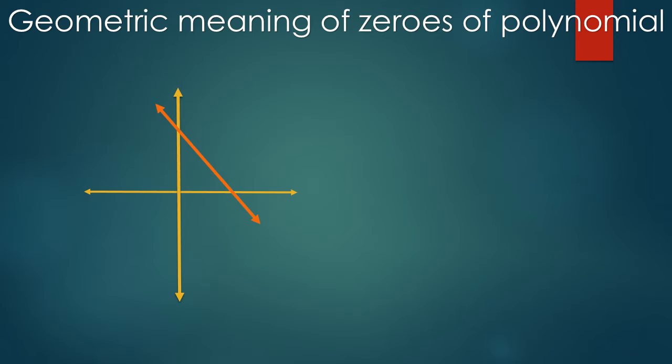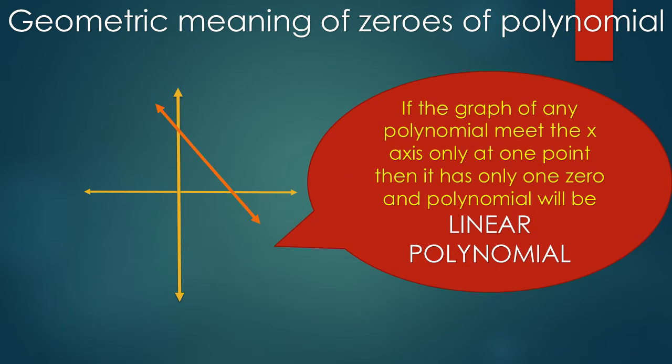So now here you can see a line which is intersecting the x-axis at one point. Whenever you see a straight line which intersects at one point, here it touches the x-axis as well as the y-axis, but we are going to consider the point where it touches the x-axis. So now we can say that the given polynomial is a linear polynomial.